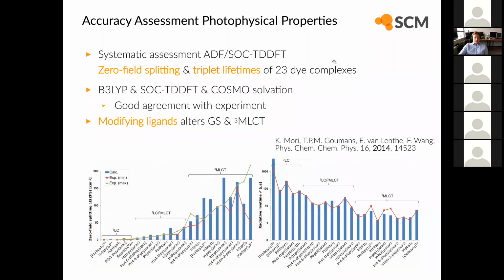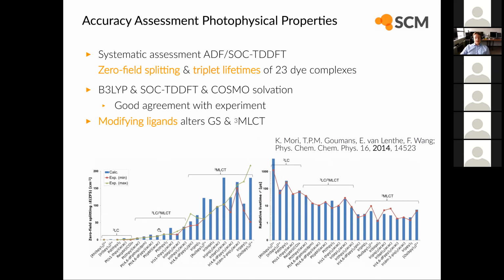A systematic study of how good ADF is in describing such systems was done in the past by some of my colleagues, and they were performing spin-orbit coupled time-dependent DFT calculations on a series of 23 different OLED dye complexes, assessing their zero field splitting energies and the lifetimes of the triplet states, and comparing the results with the experiment.